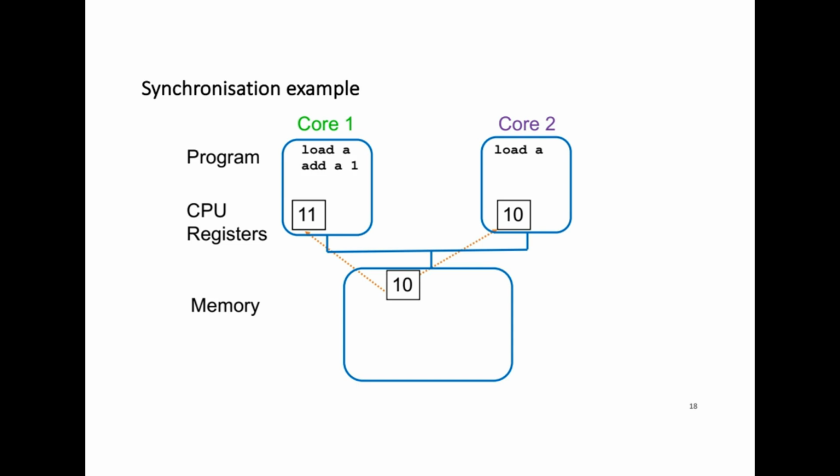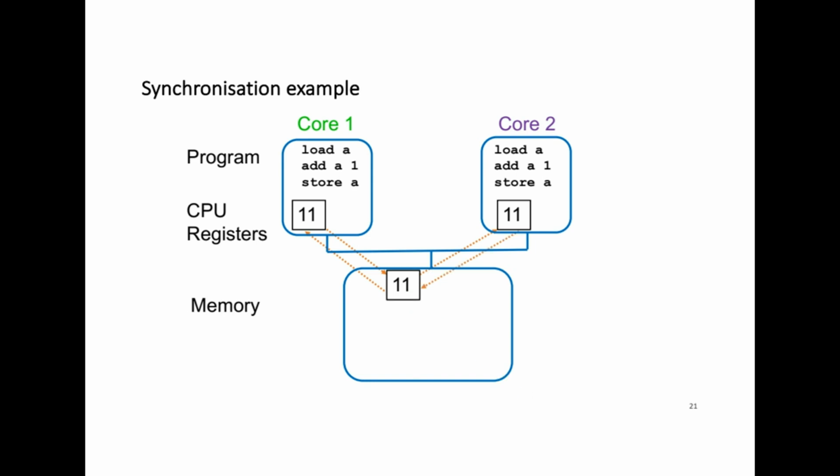And core 1 does the addition, and the result is stored in the register, so we've got value 11 here. And then core 2 does the same. Then core 1 stores its value back into memory, so the value in memory is now 11. You can probably see what's going to go wrong here.